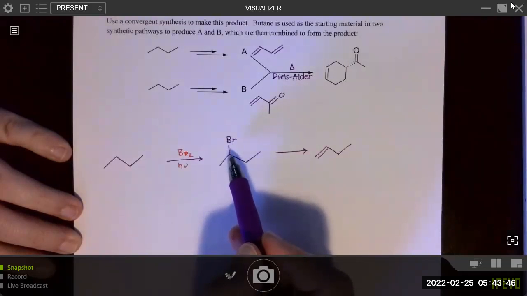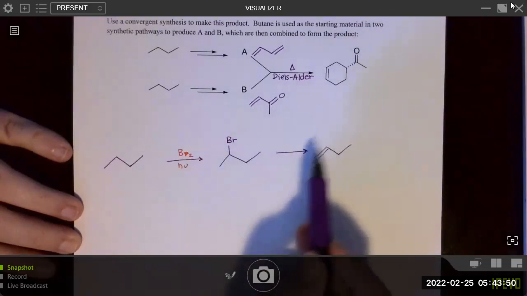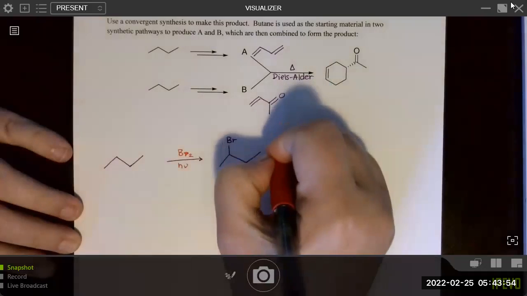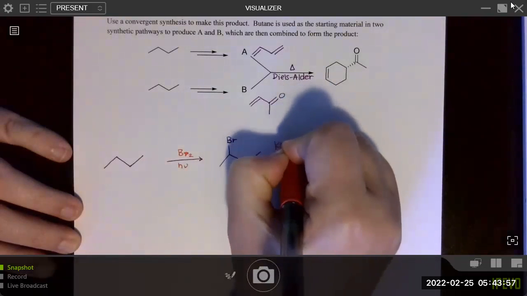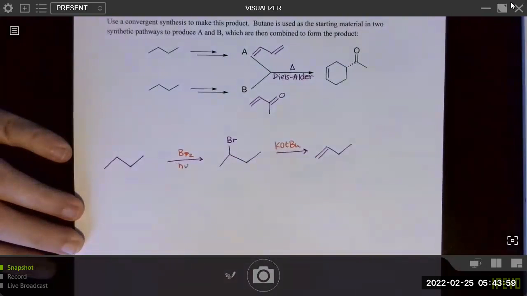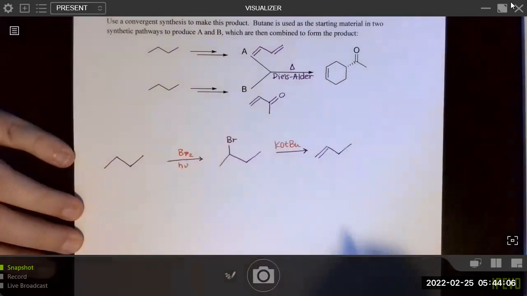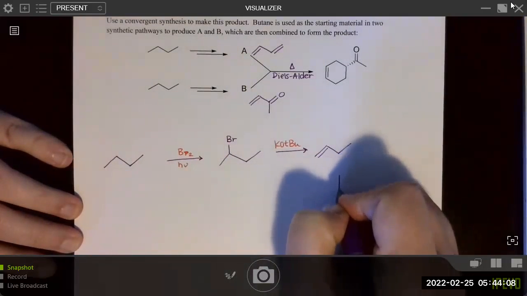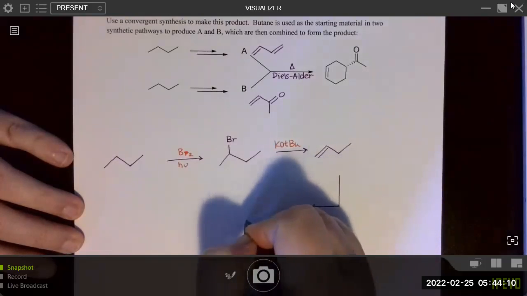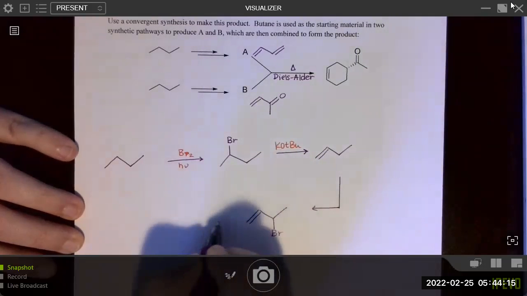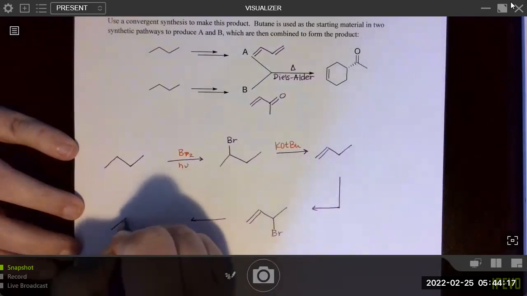And then if I use Hofmann conditions using a bulky base, I'll end up with the alkene that I want, which is the less substituted alkene. So we want to use a bulky base in order to get Hofmann regioselectivity. And then from here, we can work on basically doing the same thing, very similar anyway, where we want to get a halogen and then do an elimination of that halogen.